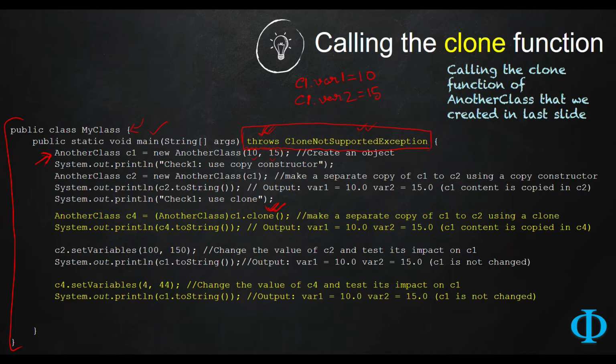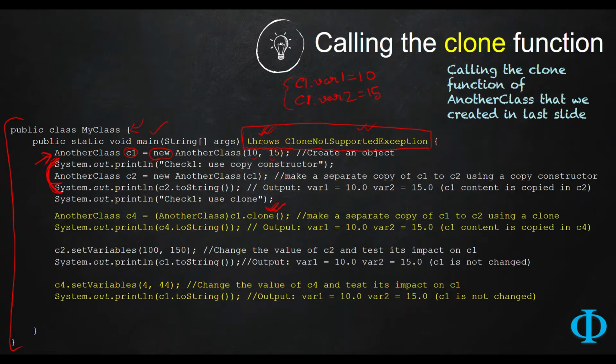So anyway, after creating this new object C1 using this new keyword, the next few lines of code are simply the copy constructor code until this point.